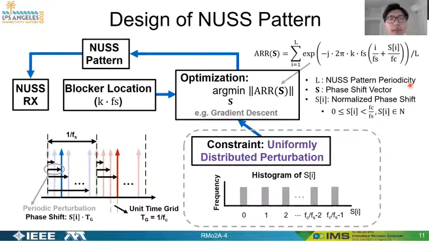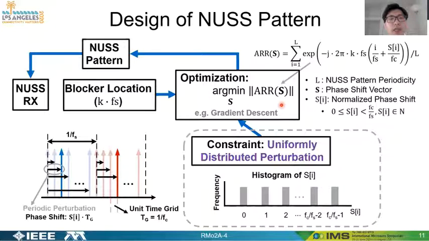Vector S is the variable to be optimized. The i-th element of vector S is S of i, which is the normalized phase shift of the i-th sampling instant. Our target is to find this vector S to minimize the absolute value of this expression.